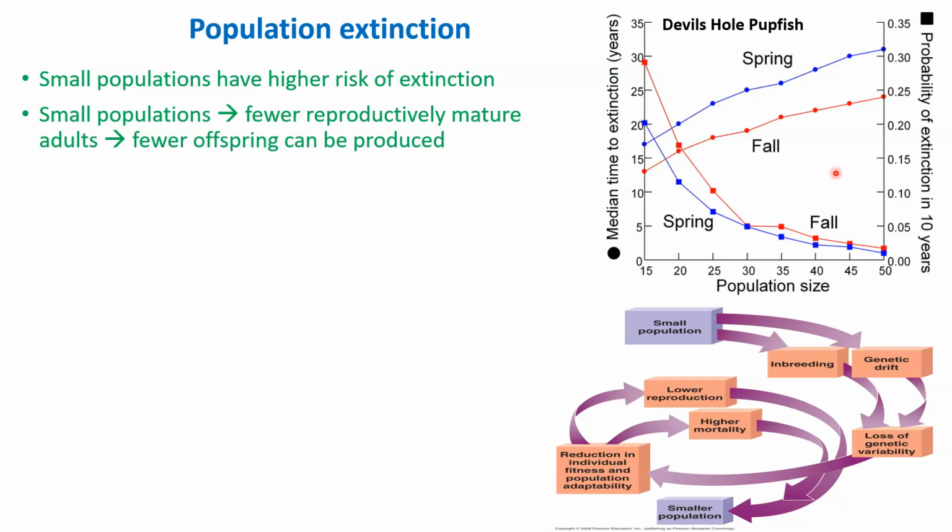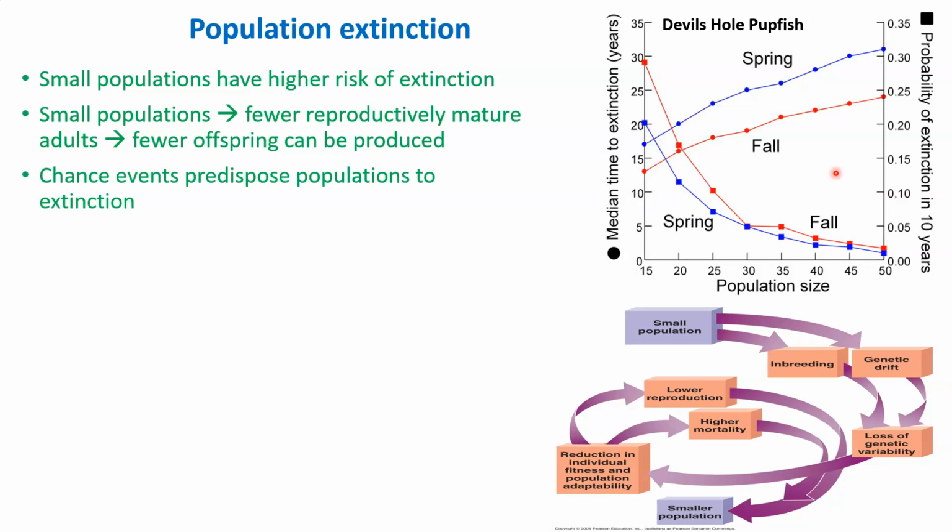So if the overall population size is smaller, by probability theory, you know that the number of reproductively mature individuals in that population is also smaller. So only fewer offspring can be produced by pairing between those reproductively mature individuals, right?